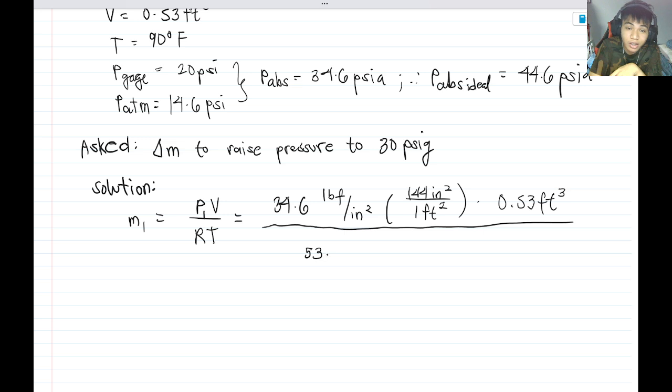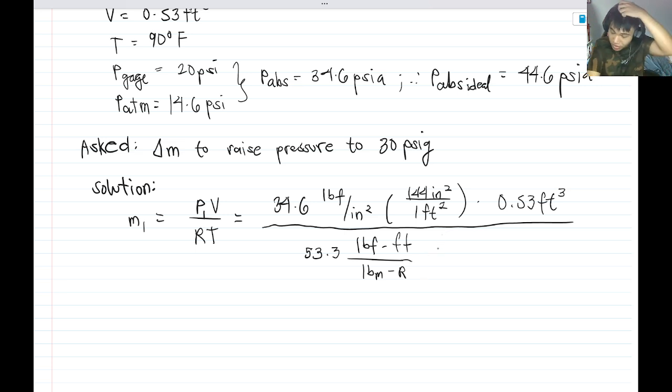You should know this by now. That's 53.3 foot pound force per pound mass Rankine. And if we want to have an absolute temperature, we convert from Fahrenheit to Rankine, you simply add 460.